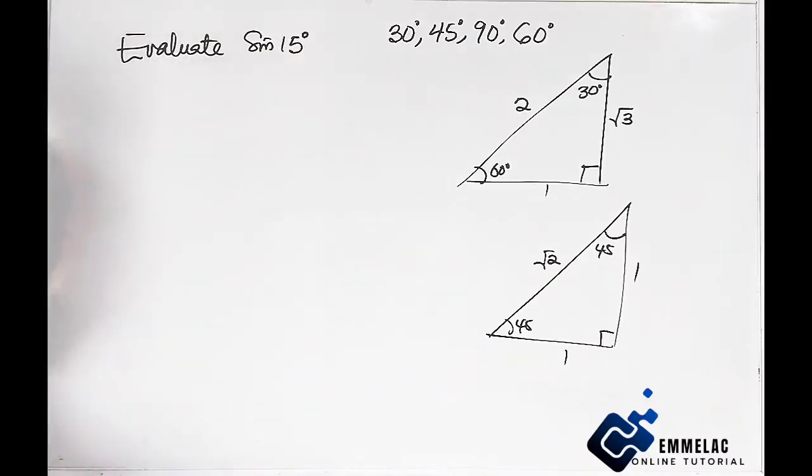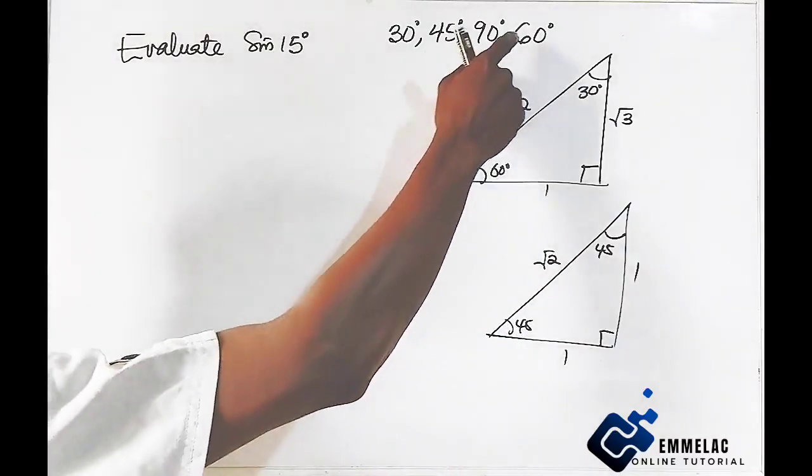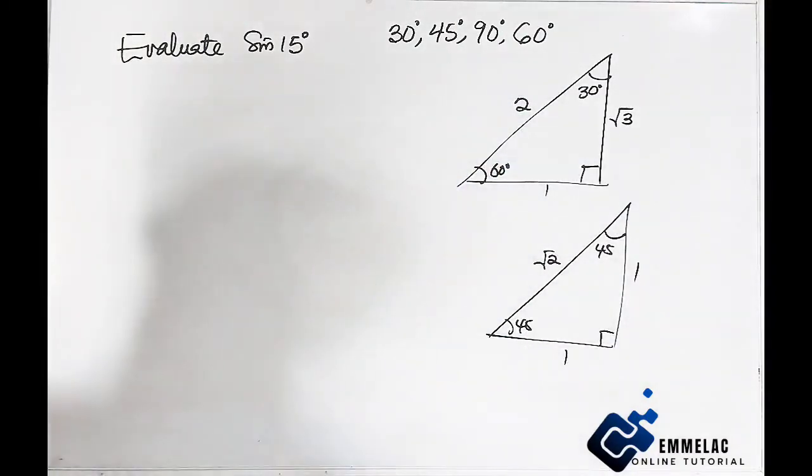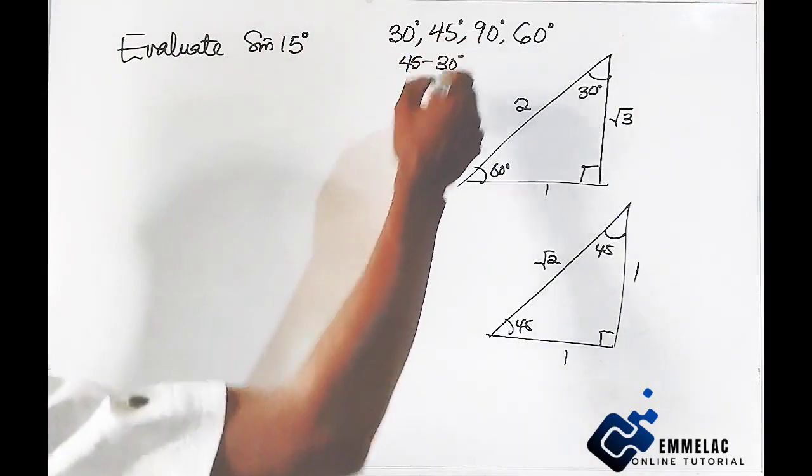But for us to evaluate 15, we either add or subtract these angles, and the best way to get 15 is 45 minus 30.